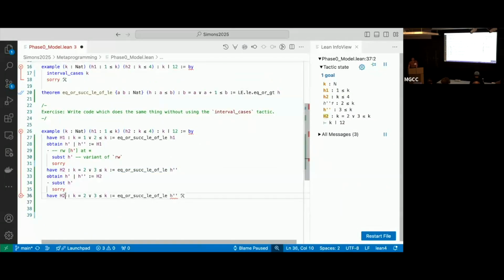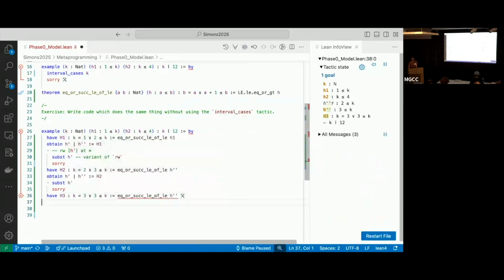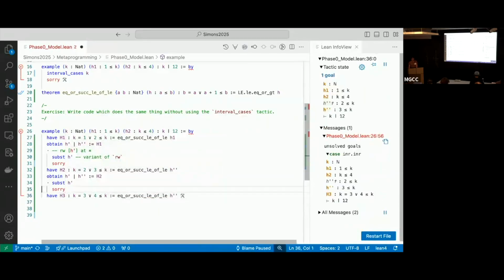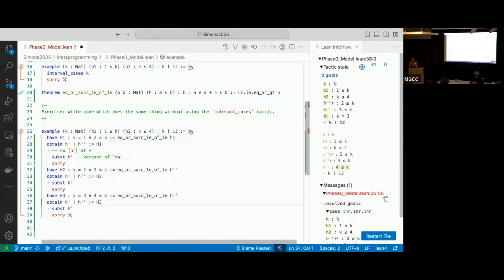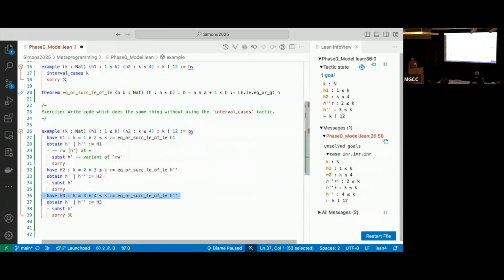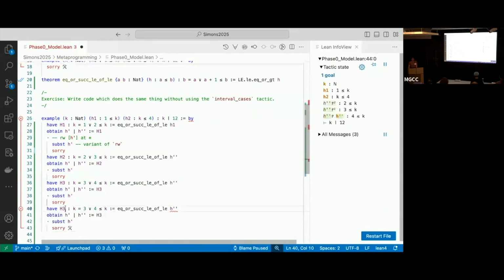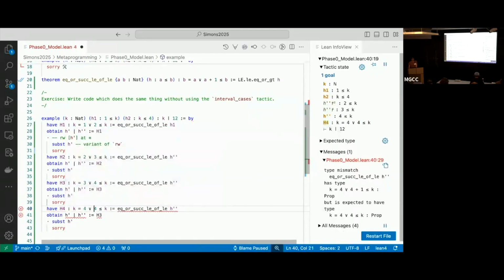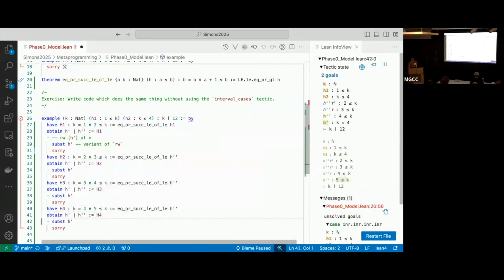I'm going to call it H3, that either you're exactly 3 or you're at least 4. I'll split these in the same way, and then do it all again to say either you're exactly 4 or you're at least 5. I wanted to see both of them here to see the difference, and now you see the difference is clear. Look at only the first part.